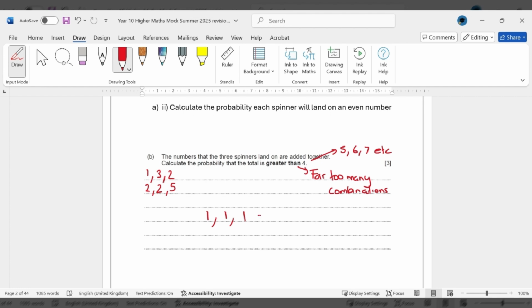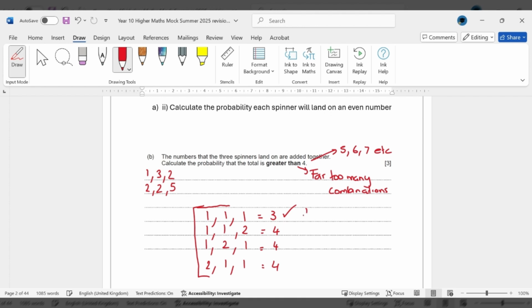That would only add up to 3. That's cool. I could get a 1 on the first spinner, a 1 on the second spinner with a 2. That would be 4, which isn't greater than 4. Alternatively, I get a 1 with a 2 with a 1, which would give me a score of 4. Or I could get a 2 with a 1 with a 1, right? So that's why we only need to do these 4 combinations, but it's the opposite of what I wanted.